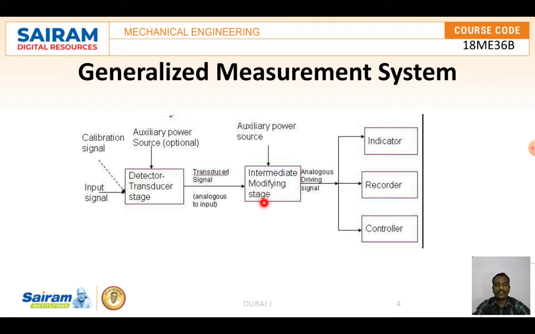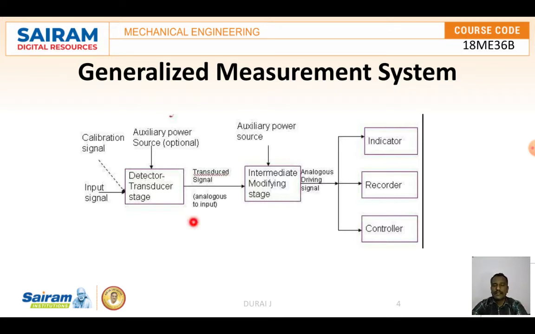For this purpose the second stage, the modifying stage, is used. Here magnification and other operations take place in the intermediate modifying stage, and it sends a signal to the indicator, recorder, or controller. From there it will control the process or display the output. So this is the generalized measurement system.